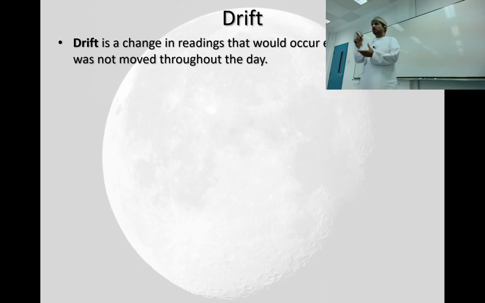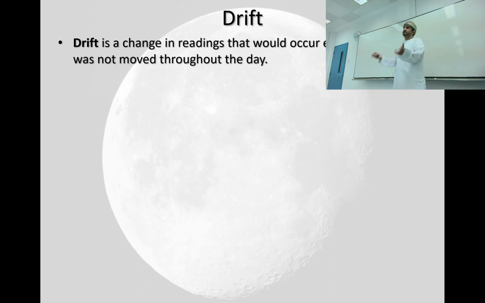Those variations are not related to the geology, but probably to changes in temperature and pressure. The best way to avoid them is to isolate the spring. The system itself, the gravimeter, is isolated and kept in a place that minimizes the effect of temperature and pressure as well.